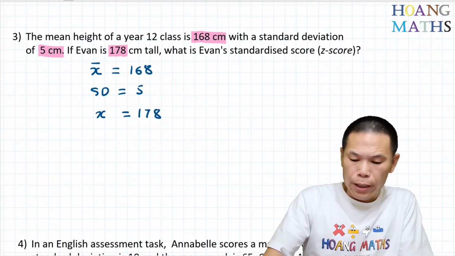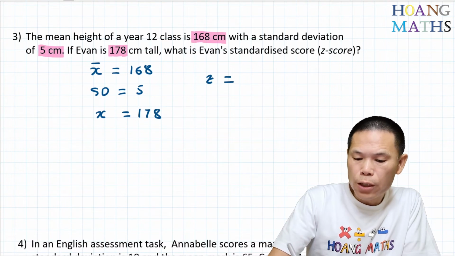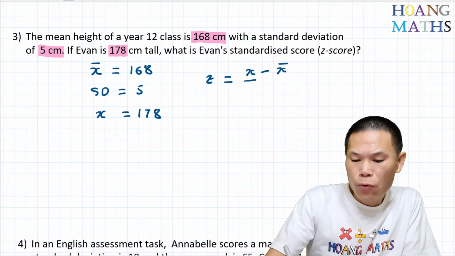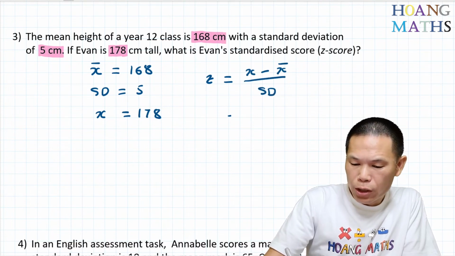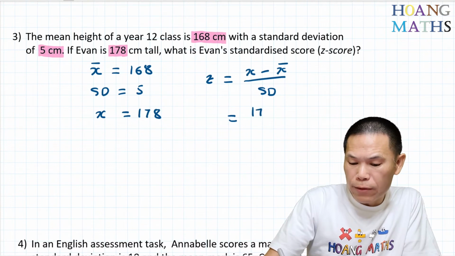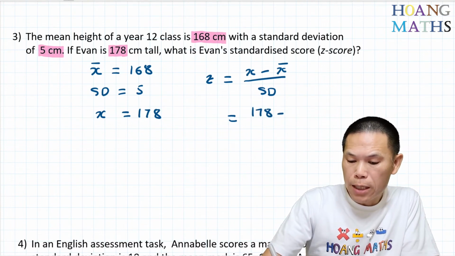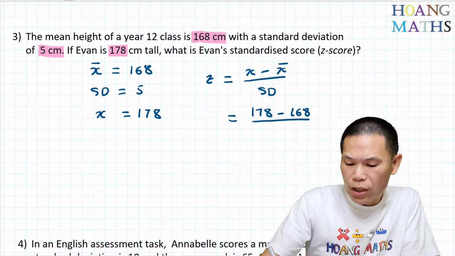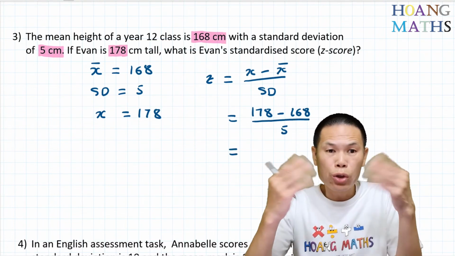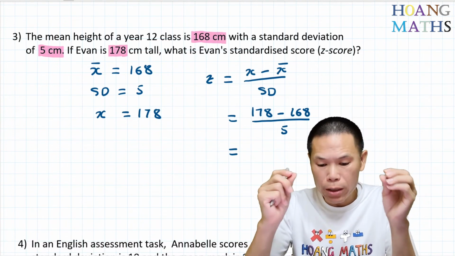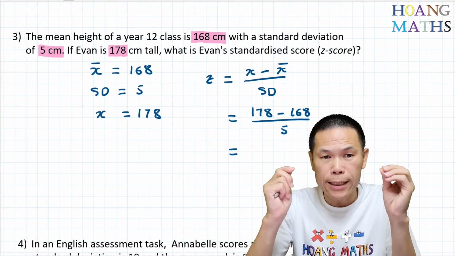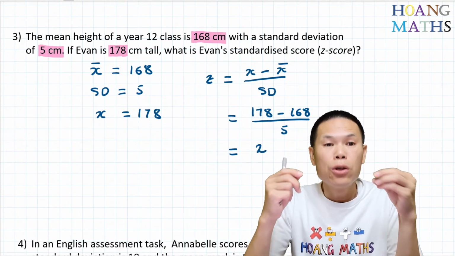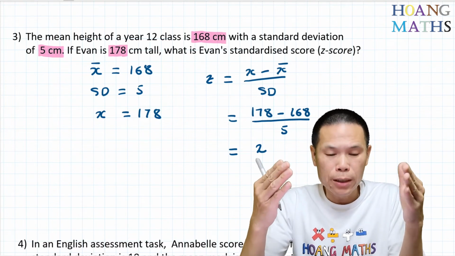And we know that the Z-score is equal to the score, or raw score if you like, minus the mean over the standard deviation. So the score is 178, minus the mean, 168, over the standard deviation, 5. We can just put that on a calculator, but if you think about it, 178 minus 168 is 10, and we divide by 5, which is 2. So that is 2 standard deviations above the mean.